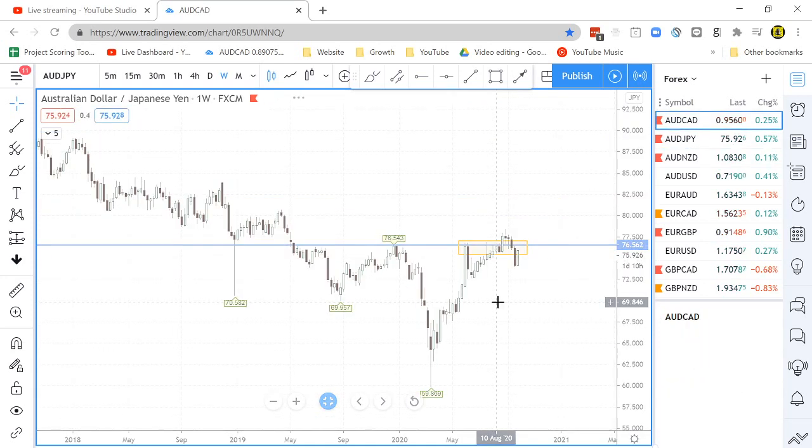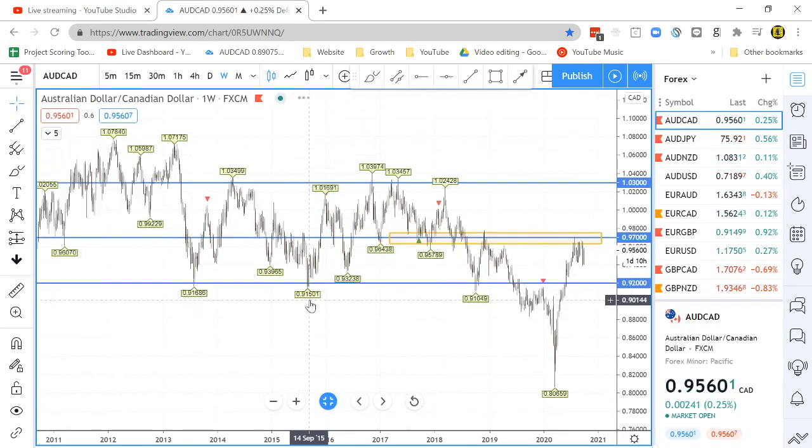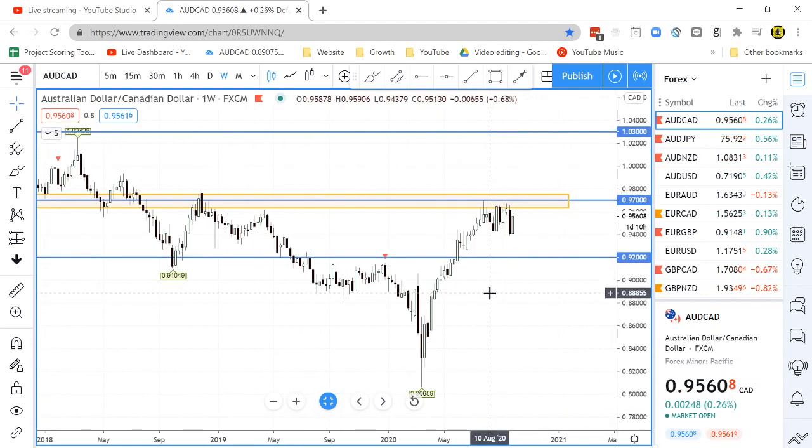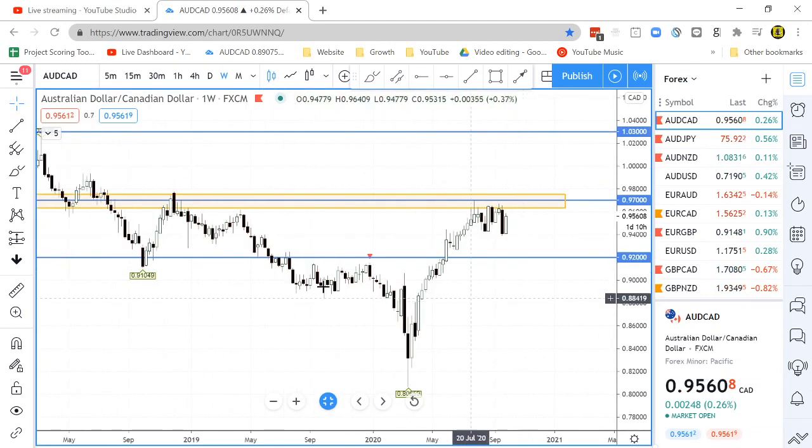Here, well, this is a bit messy. Is it ranging or trending? For price to be trending, you have to have higher highs and higher lows, or lower highs and lower lows. So you just look at the charts, right? Here it's clearly messy, so I would say this is sideways.